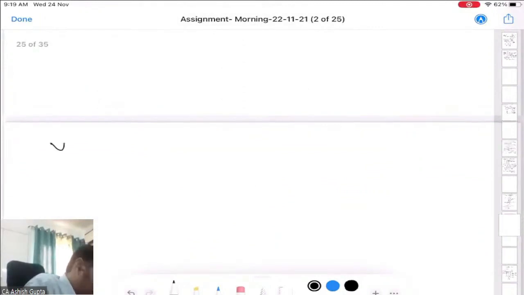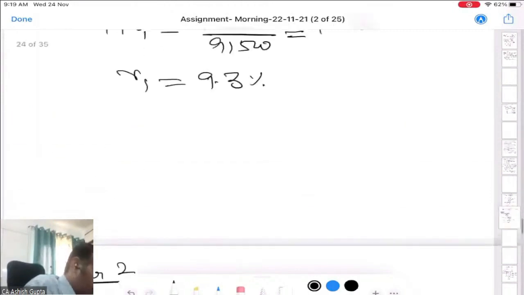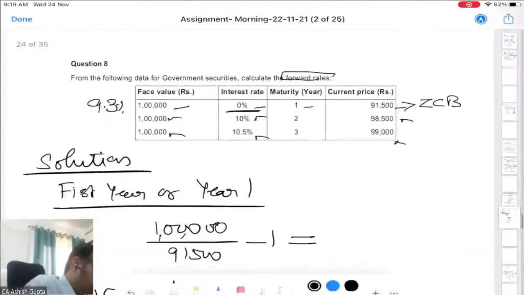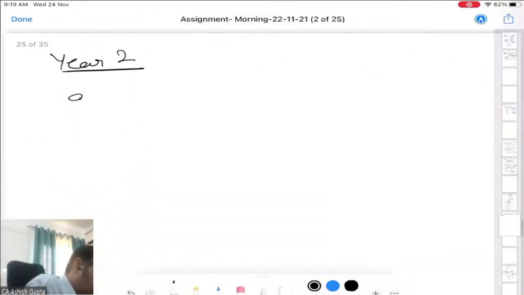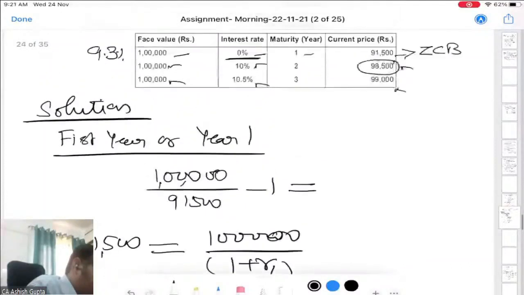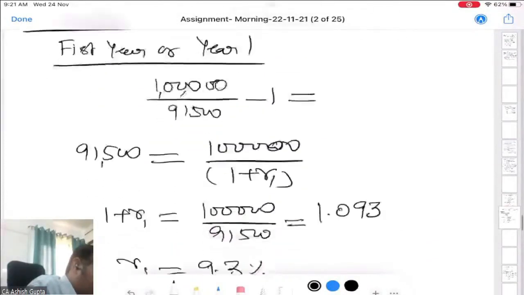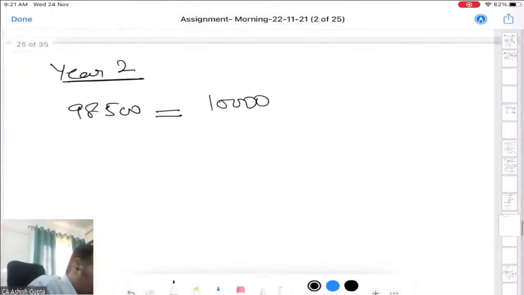Now we come to the second year. Year 2. Here it says 98,500. Today I am investing 98,500 equal to, I am getting one coupon payment of 10,000, because my coupon interest is 10%. So 1 lakh into 10% is coupon.